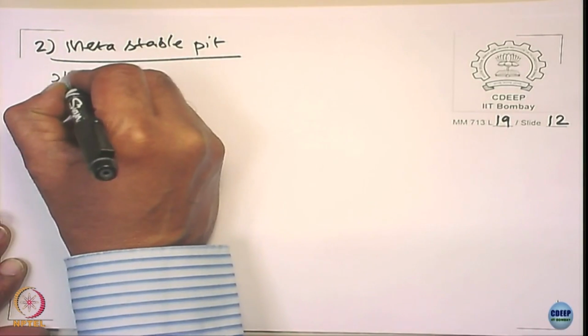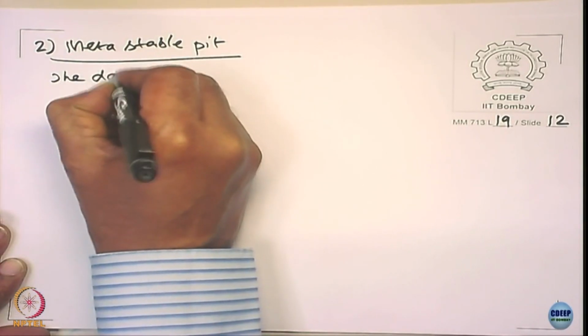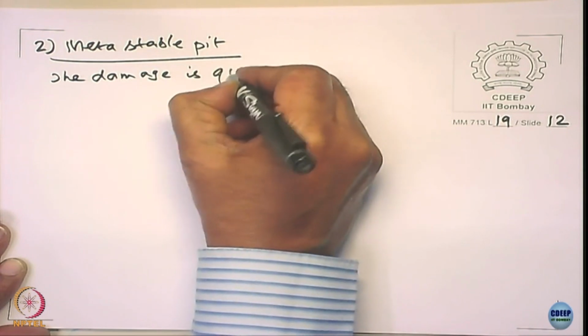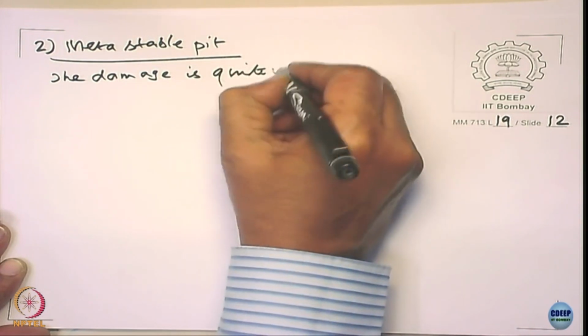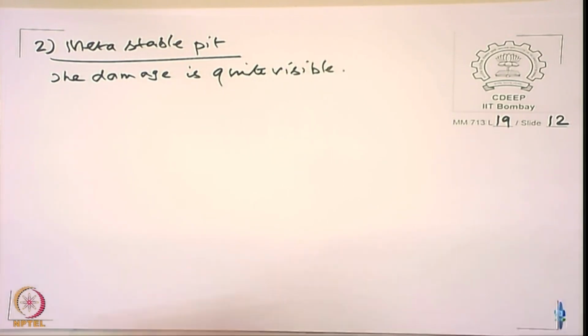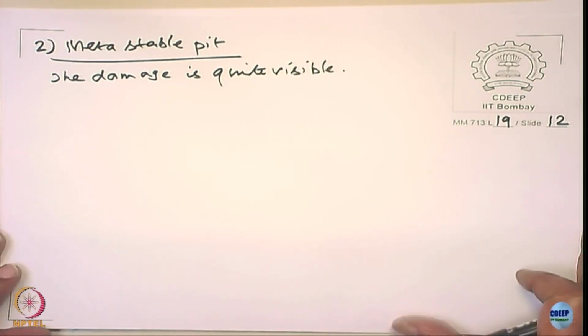Okay. In the metastable period, what happens? The damage is quite visible. So what do you mean by that?